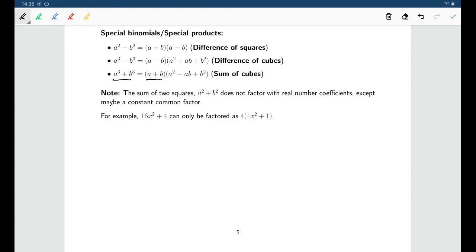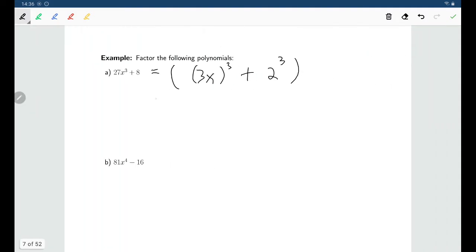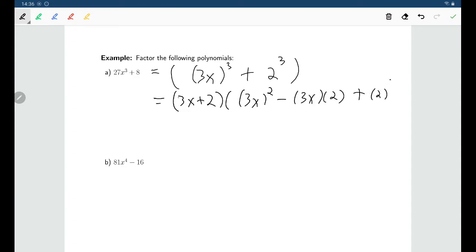So using our sum of cubes formula, we would have 3x plus 2 times 3x squared minus 3x times 2 plus 2 squared.